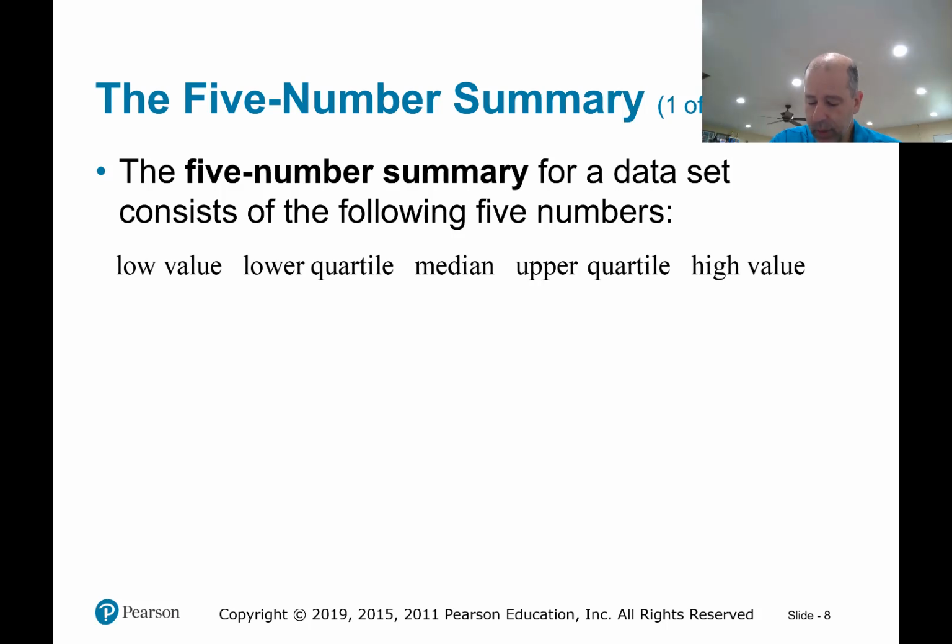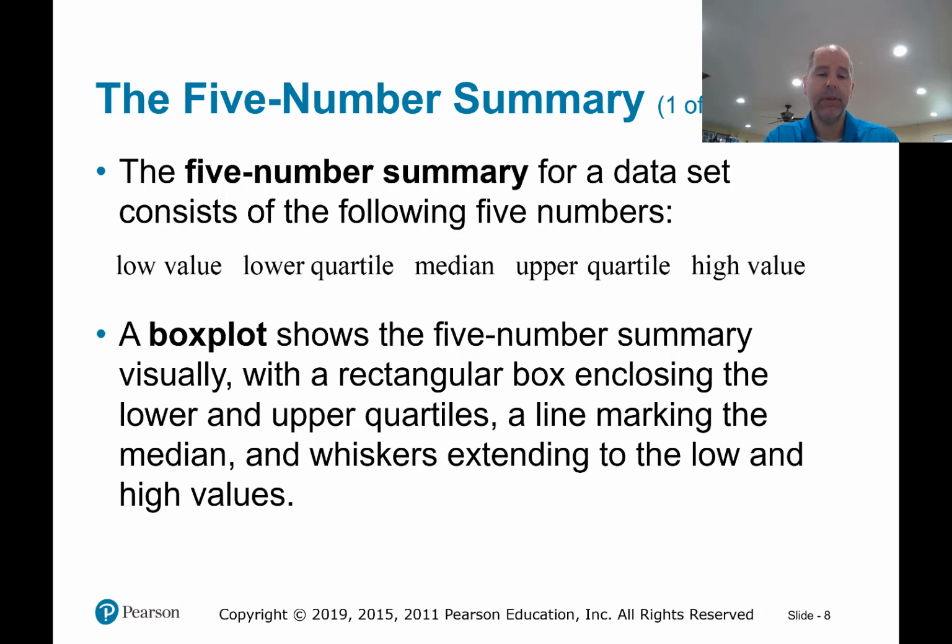Now, the 3 quartiles, along with the max and min, are what we call the 5-number summary for a data set. So all we need is the minimum, the lower quartile, the median, the upper quartile, and the maximum to have our 5-number summary. And then with the 5-number summary, we can construct another type of graph called a box plot, where we have a rectangular box in the middle that encloses the lower and upper quartiles.